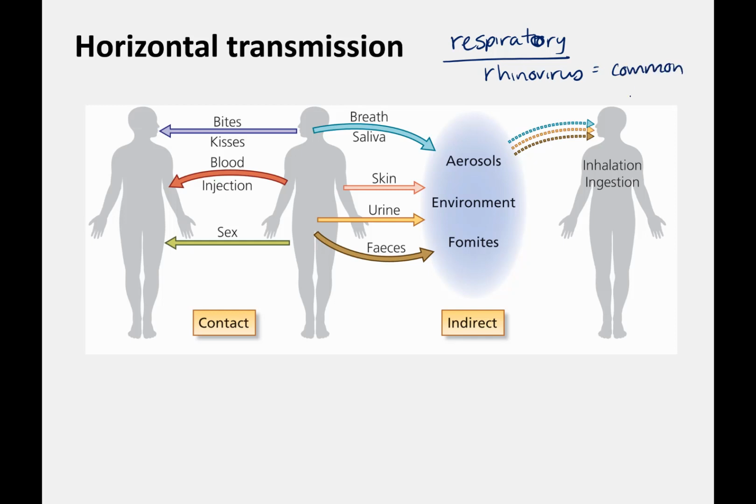Rhino means nose, so it infects your nasal passages and you get clogged up. Another respiratory virus is influenza. SARS, or the coronaviruses, adenovirus, which is a virus that can infect your lymph nodes, so kind of like a strep throat feeling, but it's caused by virus.